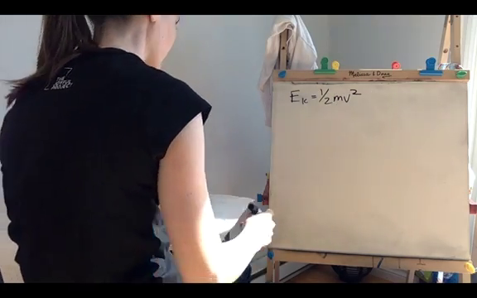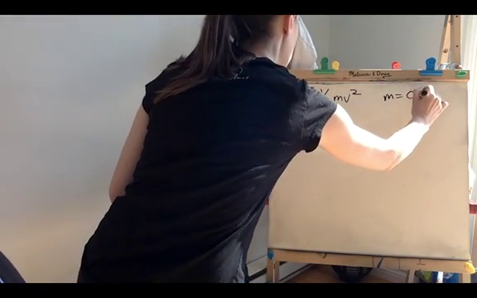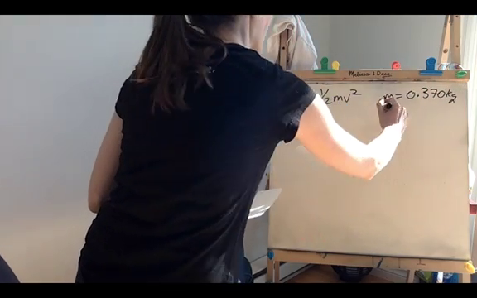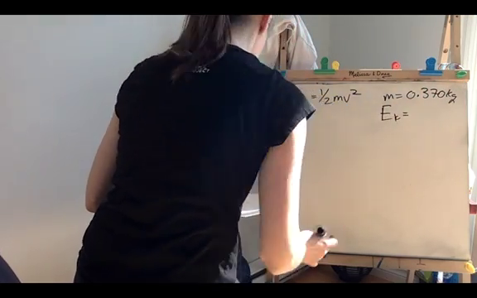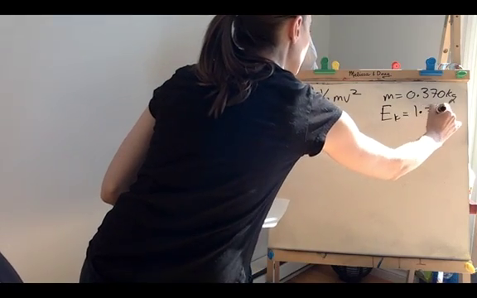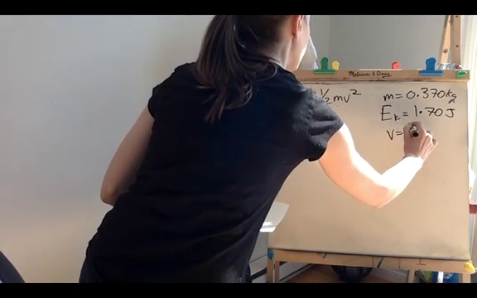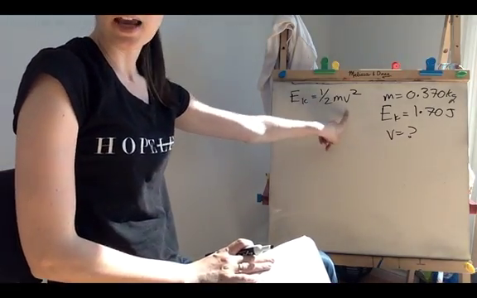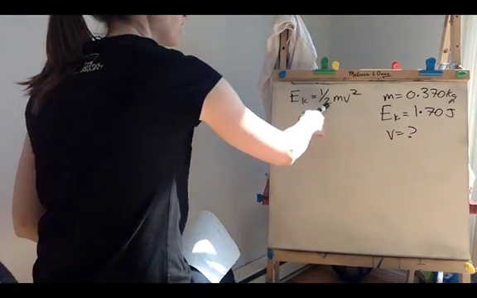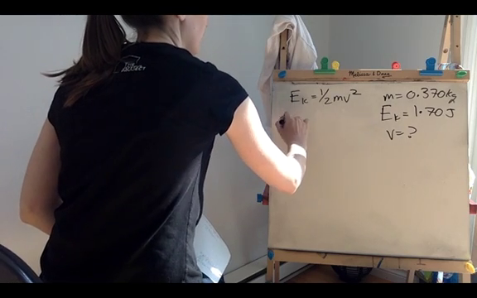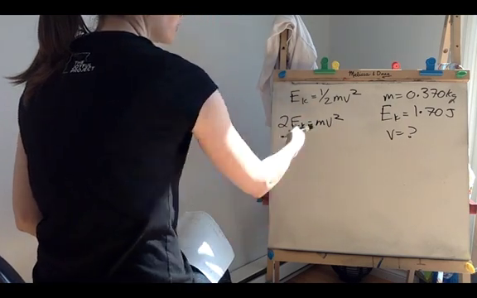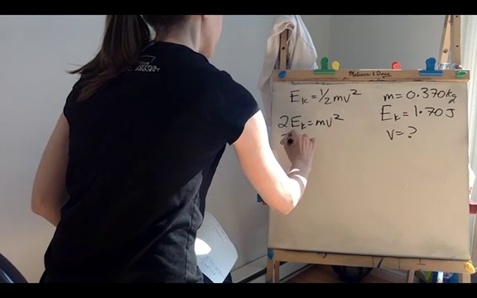We've been given that the mass of the ball is equal to 0.370 kilograms, and that the kinetic energy of that ball is 1.70 joules, and we've been asked for the velocity. So we can rearrange this equation to get v by itself. I'd start by dividing both sides by 1/2, which is the same as multiplying both sides by 2. Then I would divide both sides by m.